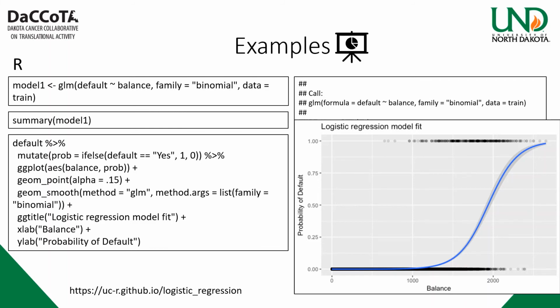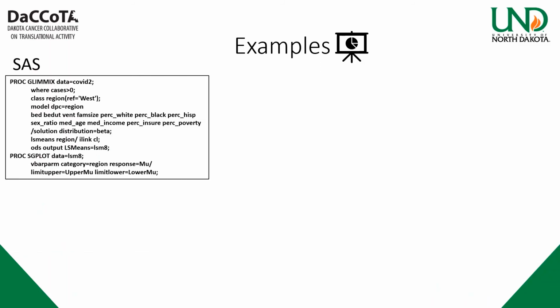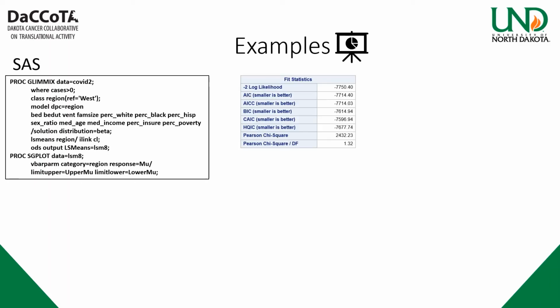So that's pretty interesting. And here's a more complex model in SAS. We're trying to predict case fatality rate of COVID by region of the United States, so that's categorical. But then we have all these numerical variables that might have an effect on case fatality rate that we're adding to our model to control for it. So we can get a fit. It's actually pretty good.